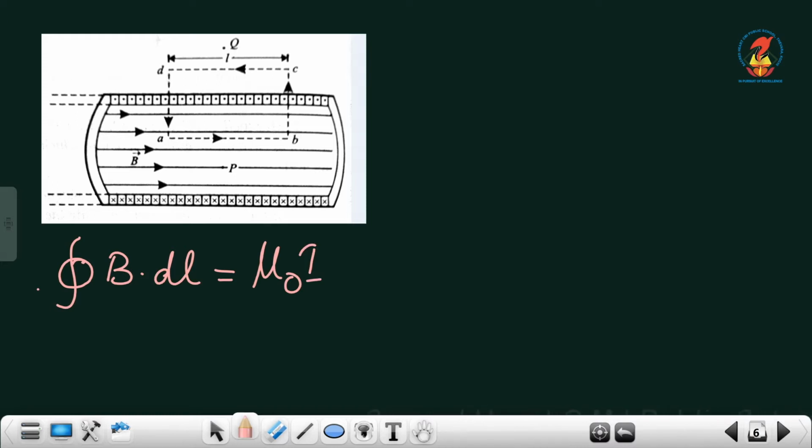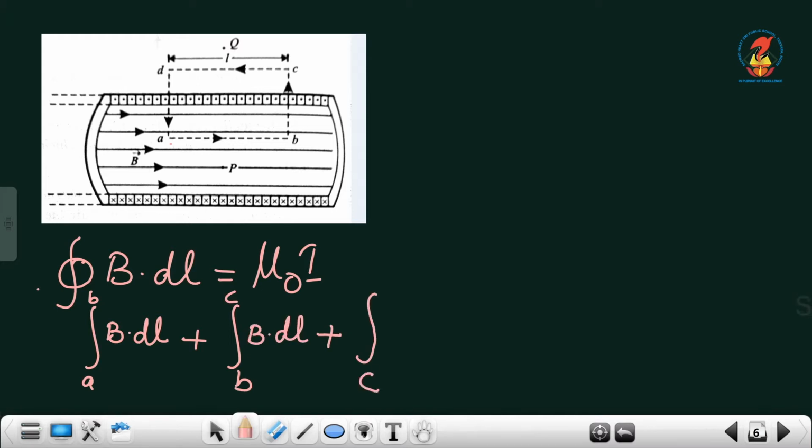First we will take from A to B. So integral from A to B, B dot dl, plus, because my loop is like this, integral from B to C, B dot dl, plus, next my direction is towards D.